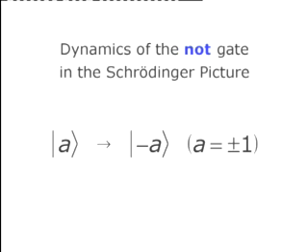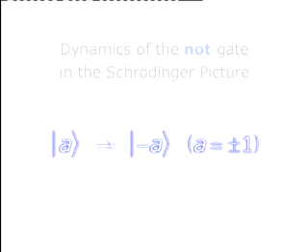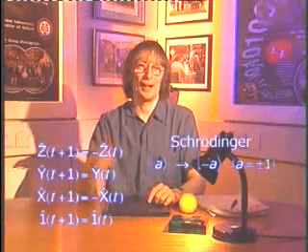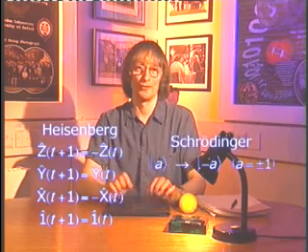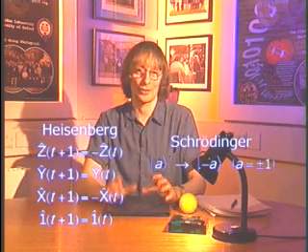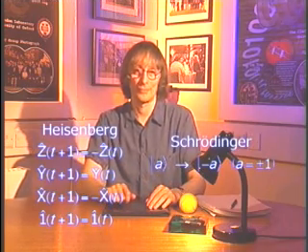This statement means that if the state at time 0 is the eigenvalue A eigenstate of Z, then the state at time 1, after the gate has acted, is the eigenvalue minus A eigenstate. Compare that with the description of the NOT gate in the Heisenberg picture, and you begin to see why the Schrödinger picture is preferred for most calculations in the quantum theory of computation.